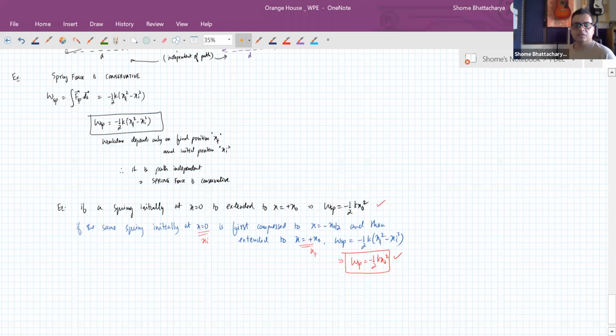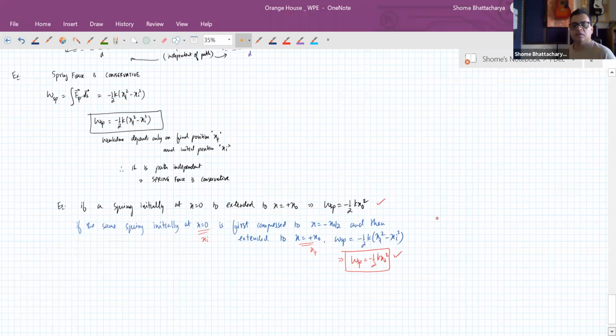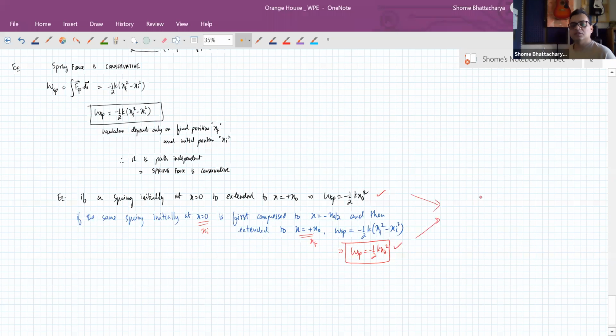So it shows that it is conservative. It is independent of path. Here you can see two different paths from the initial position of 0, but the same work done by the spring because it is conservative in nature.